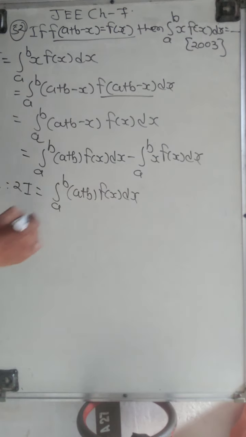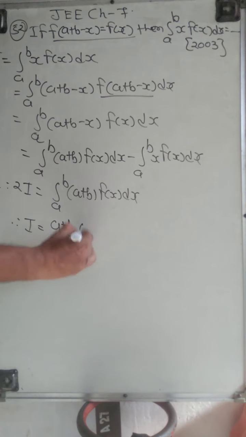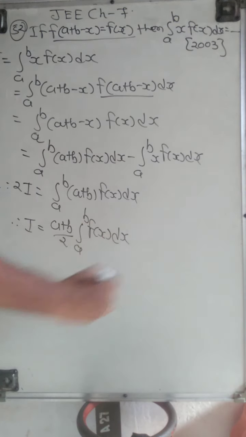Now divide by 2, then I equal to (a plus b) by 2 integration a to b f(x) dx. Right? So this is our answer. So this way we can find our answer. Now we go for the next one, which is 53.